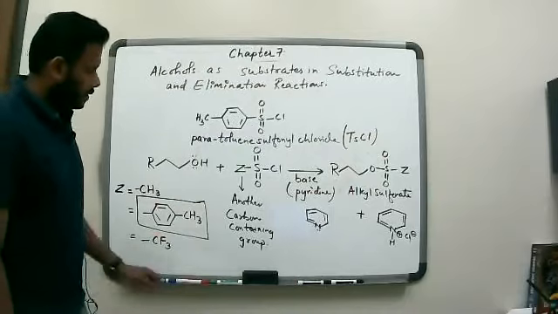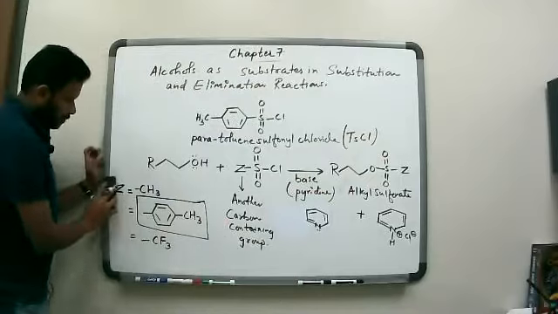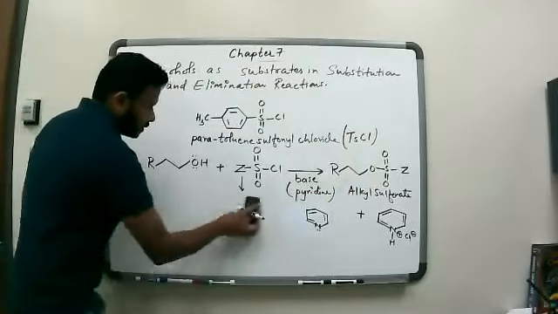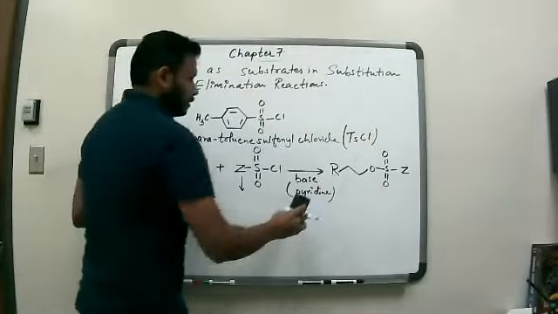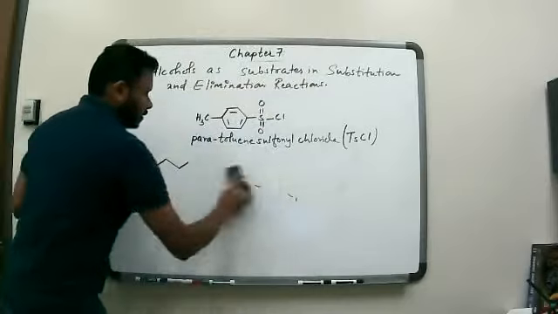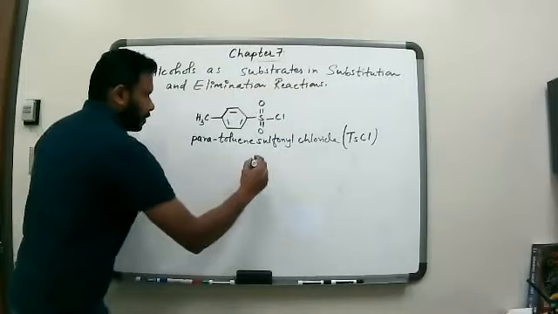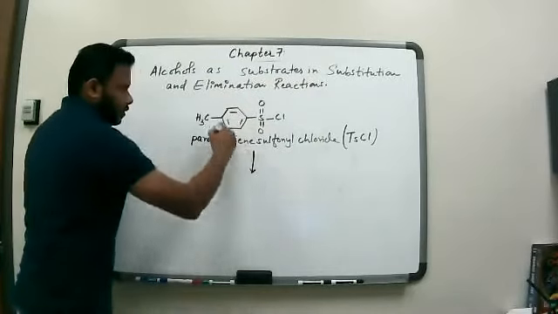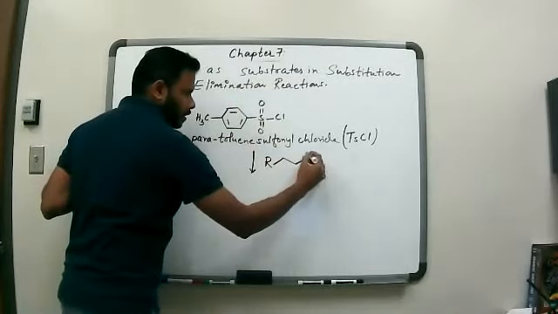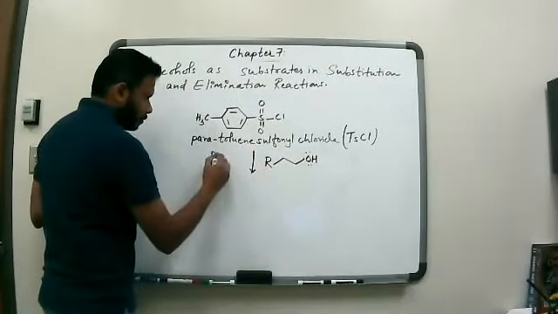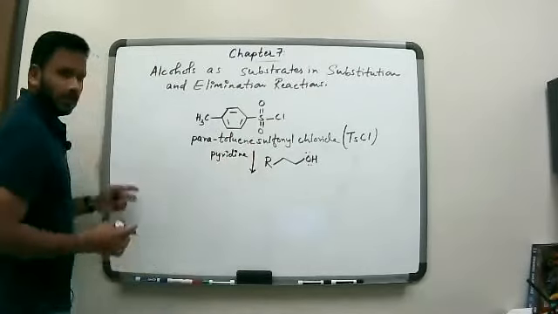I'm running out of space here, so I'm going to erase this and write it again. When you react para-toluene sulfonyl chloride with an alcohol in the presence of pyridine, that's the base.